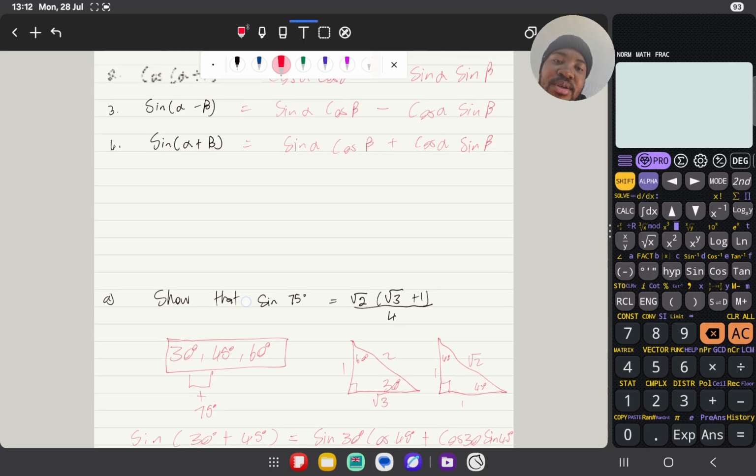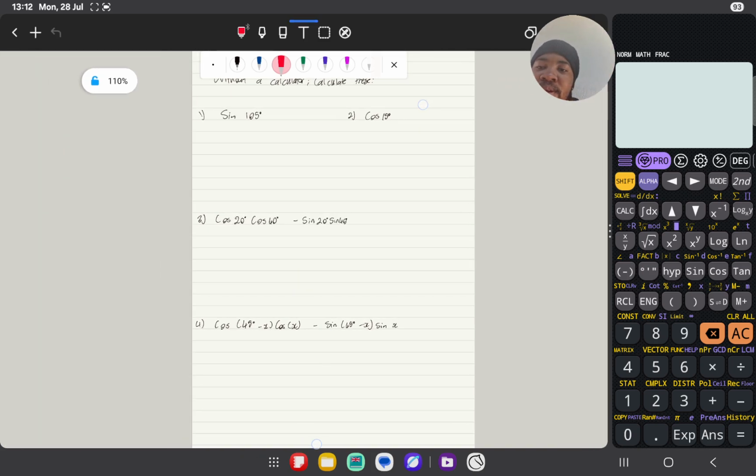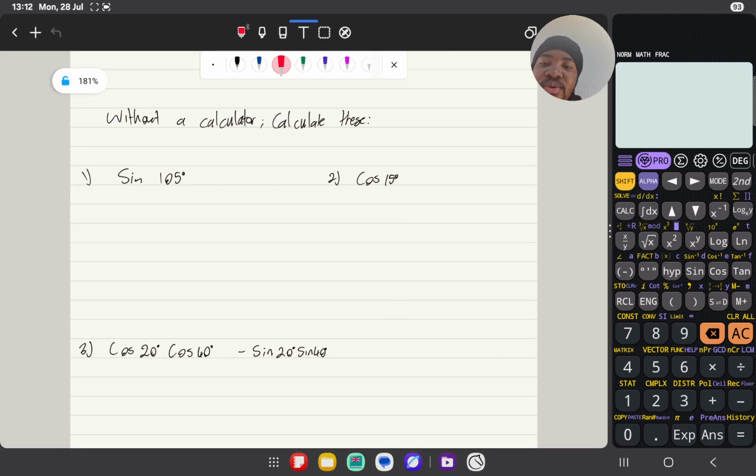Let's go for more examples. So they ask you, without a calculator, find these. So you're going to do exactly the same thing now. You have your angles 30, 45, and 60. I think 45 plus 60 has to work, there we go.